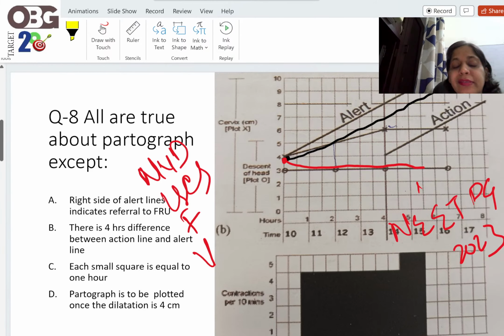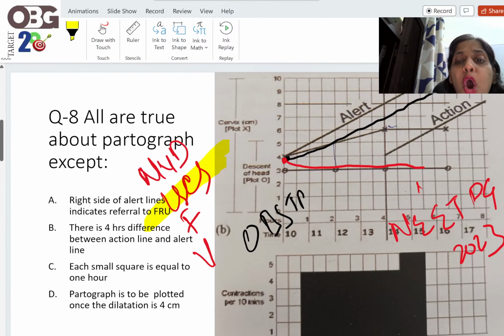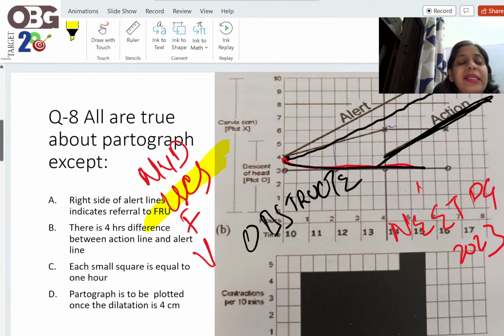The reason is not CPD. The management is of course cesarean, but the diagnosis here is not CPD but a more advanced diagnosis: obstructed labor. There is no descent or only a small descent. Once the action line has been crossed, it is obstructed labor.